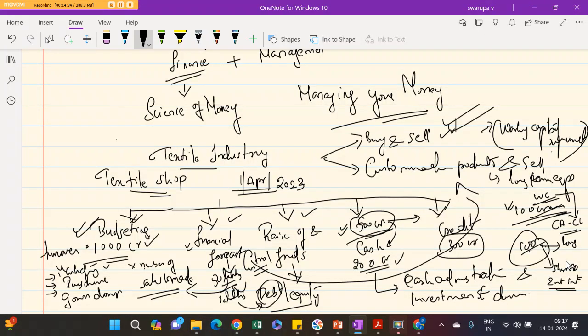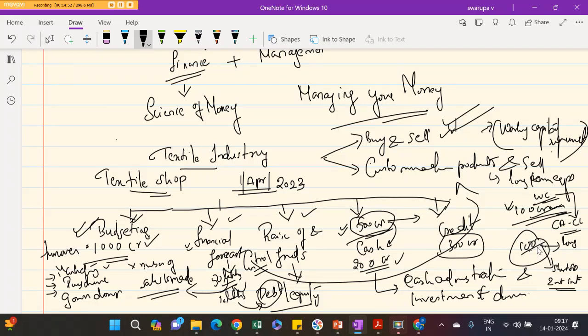But my working capital, as of now, is sufficient. But 2 months down the line, I might not have enough cash if my credit does not get realized in 30 days or 60 days. If the creditors don't pay me in 30 days, what will happen? I am left with no cash.